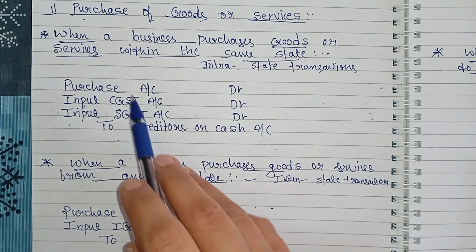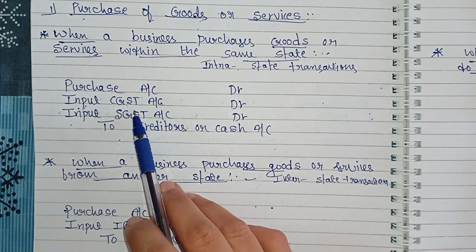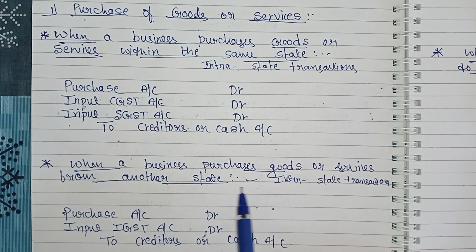So here CGST and SGST will not come. Why? These are related to intrastate transactions. The second case is related to interstate transactions, so only input IGST will come.